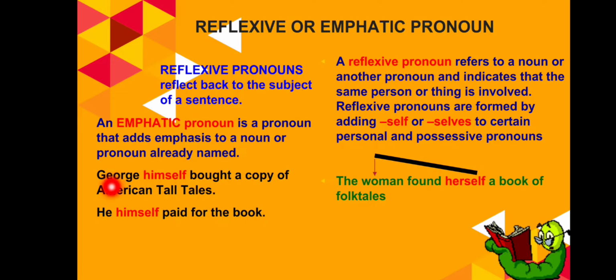So here the example is, George himself bought a copy of American Tall Tales. Here, in George himself, we can see the word himself giving more emphasis on the noun George. Next one, he himself paid for the book.